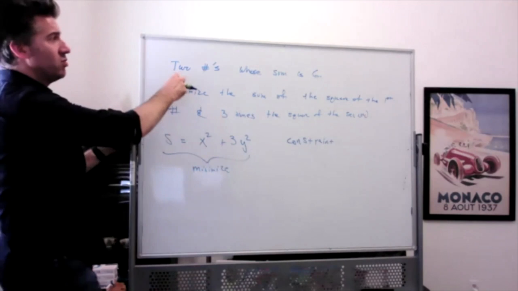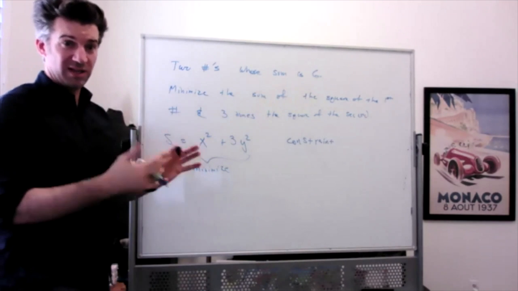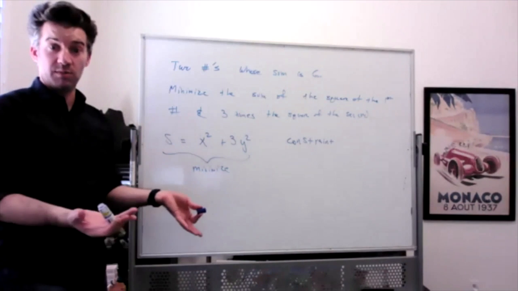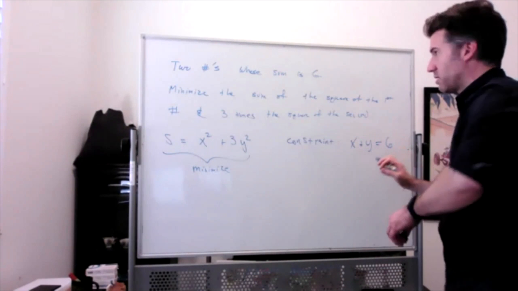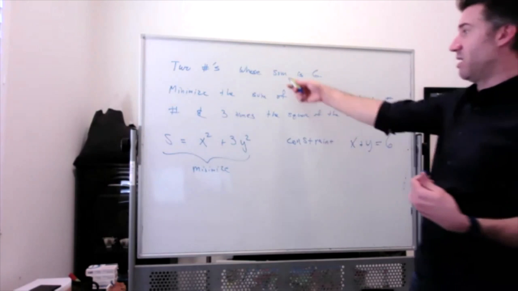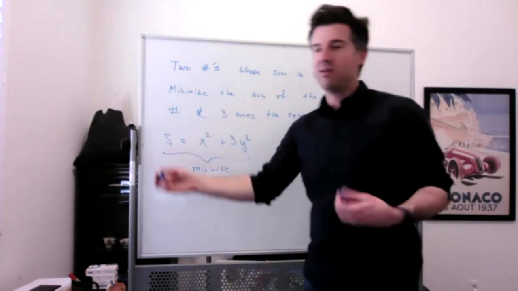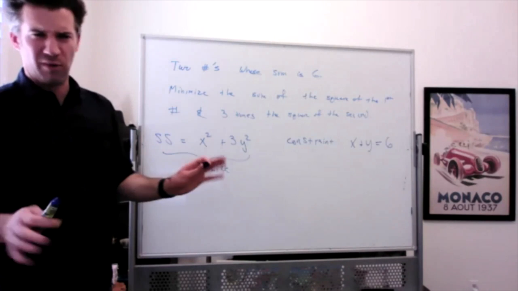This says two numbers whose sum is 6, meaning not the sum of their squares or 3 times the square, but just the numbers themselves. So I'm looking for exactly what someone just wrote, x plus y equals 6. But you're right, I did use the word sum in 2 different places. So maybe I should call this the sum of the squares, even though it's a little bit more complicated than that.